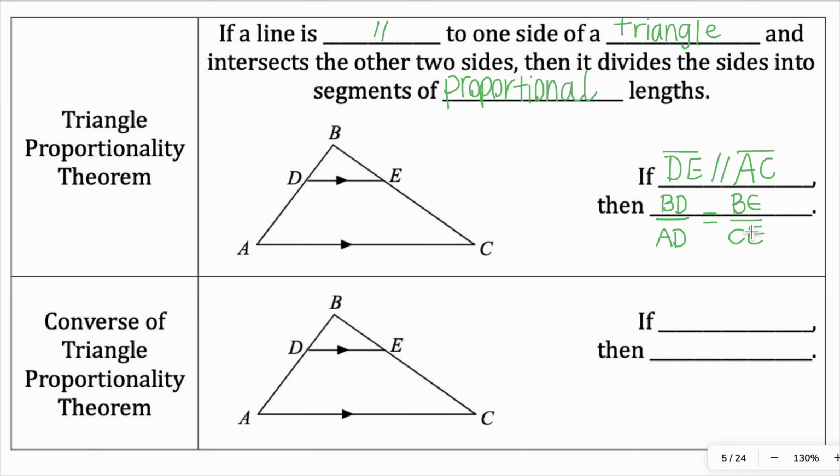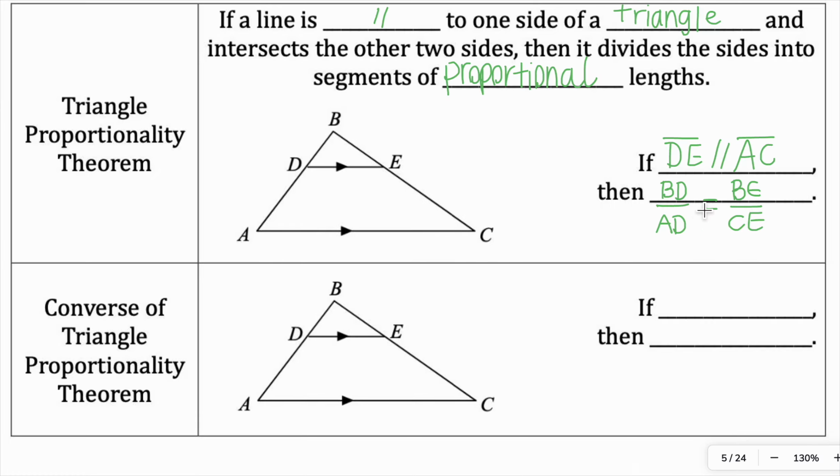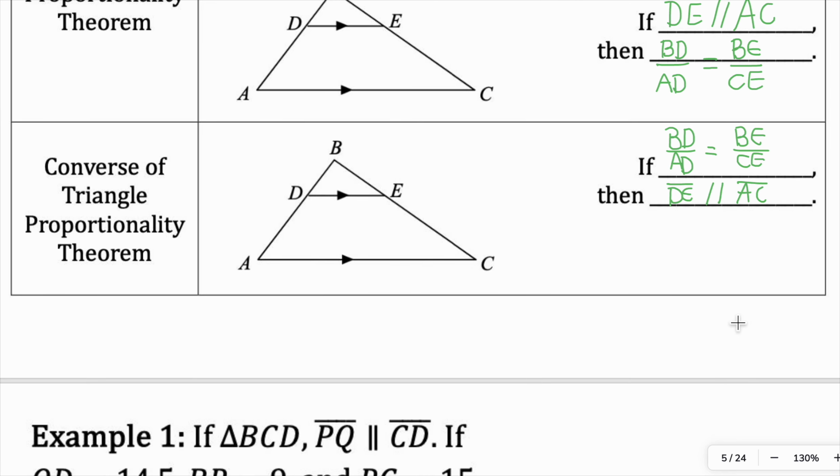The converse of that is just going to state if BD over AD is proportional to BE over CE, then DE is parallel to AC. And we're going to try that with the next few examples.